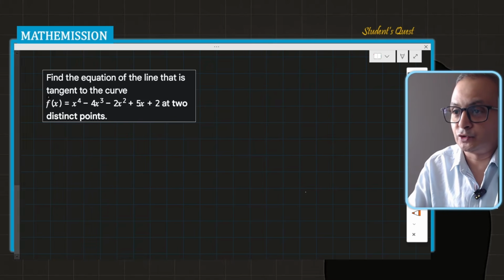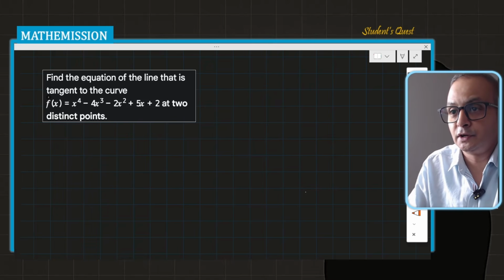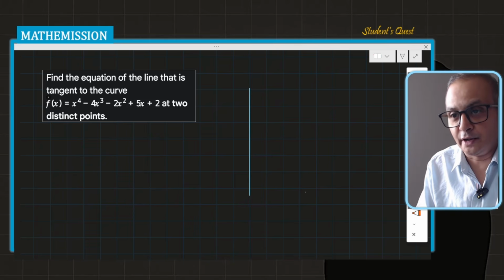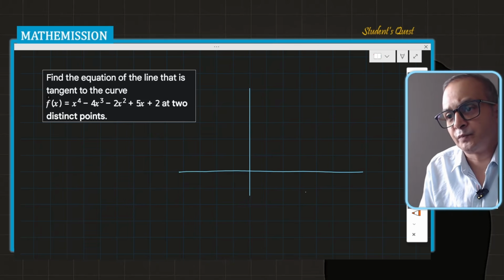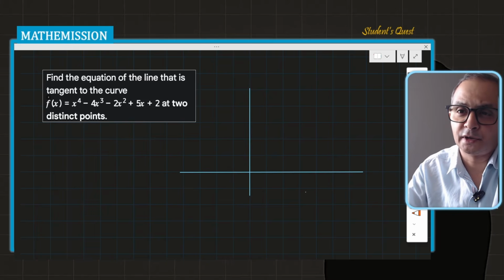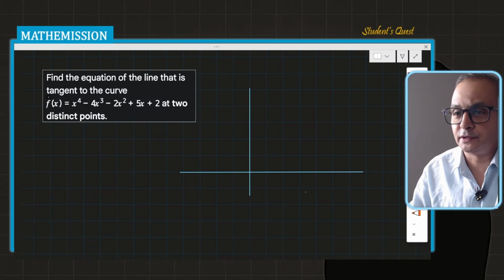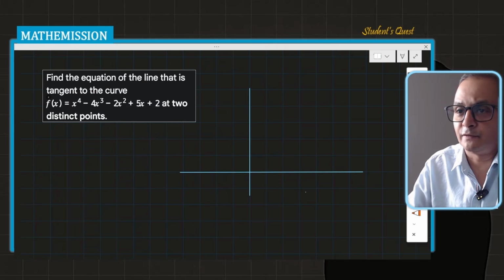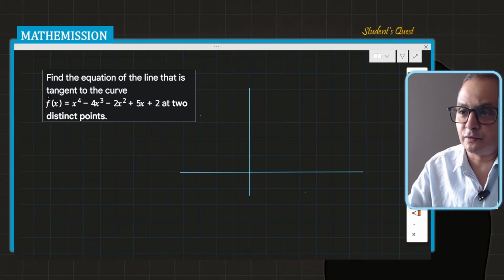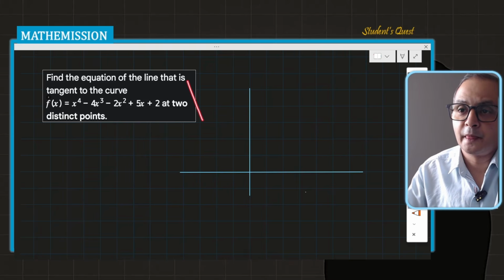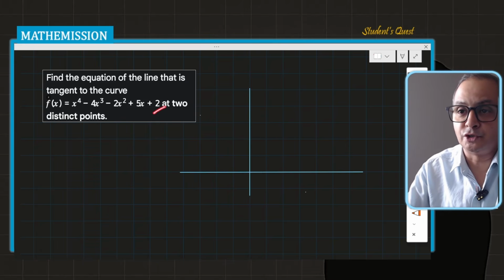So the idea is that I have this. Let's first try to understand the graph of it. So for that, I try to draw the graph just by no calculus, just by guessing. You know that there is the f(x), and the f(x) is a biquadratic. So the biquadratic means at minus infinity, it should have a value coming from the top, very high, and at 0 the value is 2.